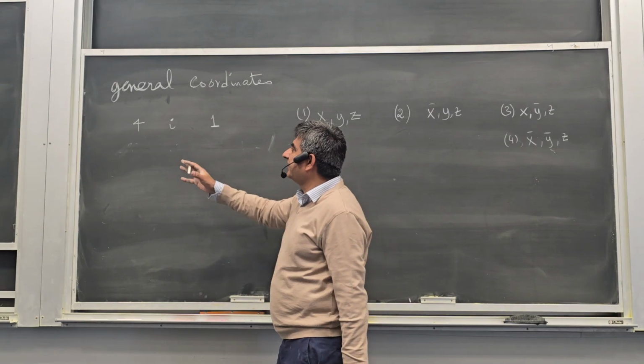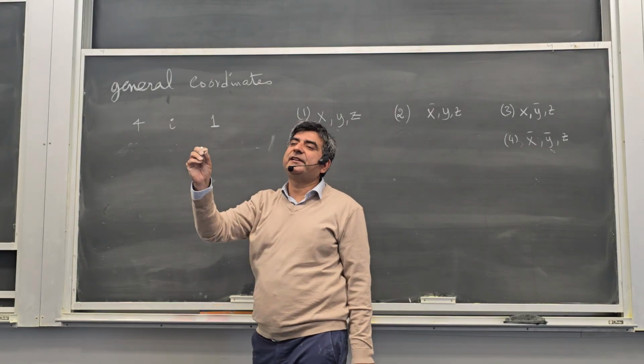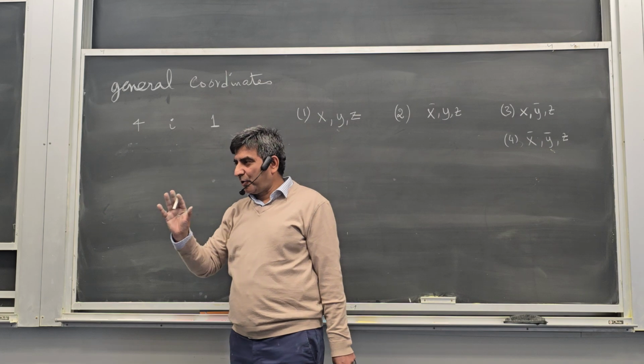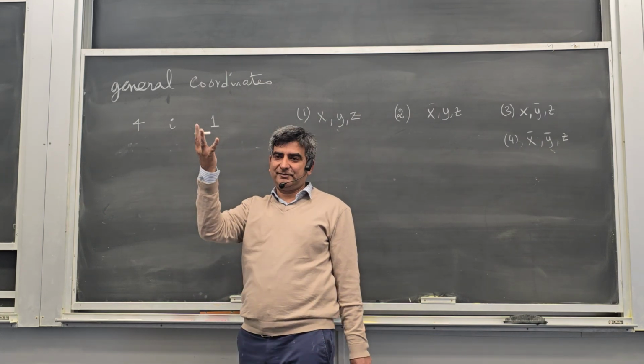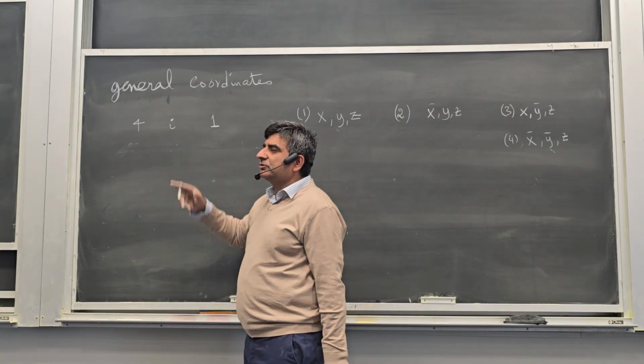Okay? And this position has the least symmetry. This general point has the least symmetry, so it has the biggest letter in that space group. This letter is called the Wyckoff letter.